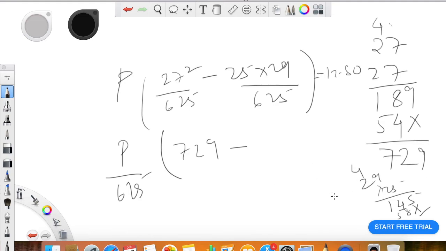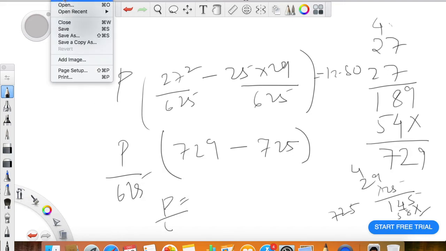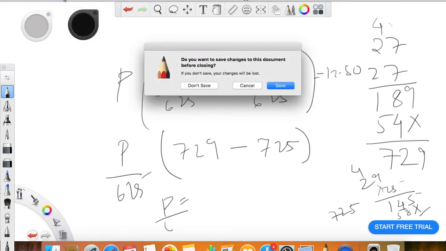So 145 plus 580 is 725. Okay, so it's uncomplicating now. So it'll give me P equals, actually let me put it here. So 729 minus 725 is 4, right? So 4P upon 625 equals 12.80, right?